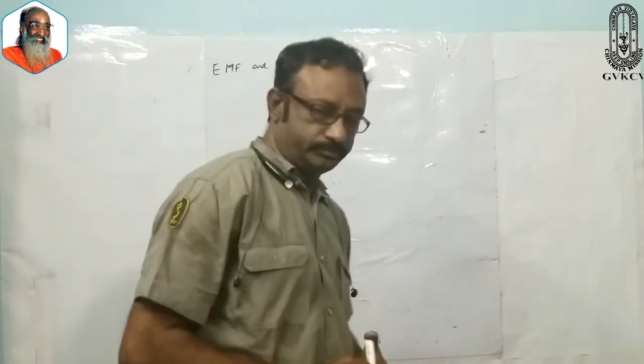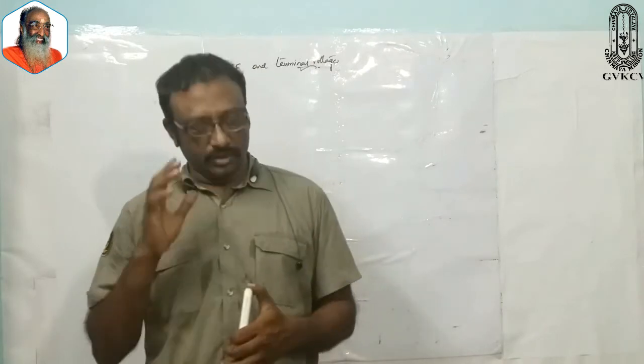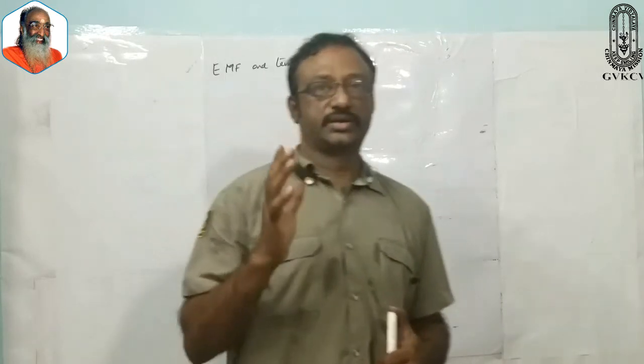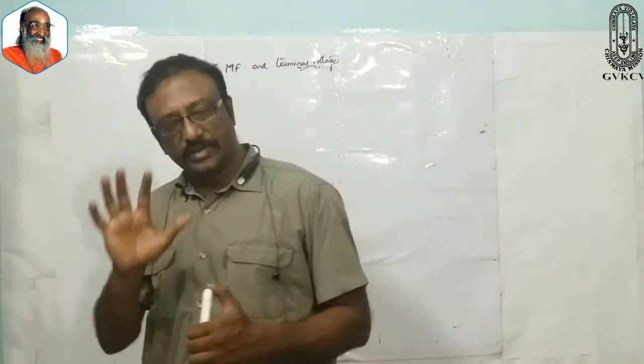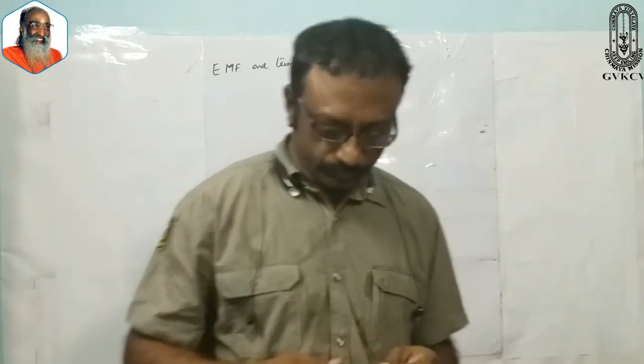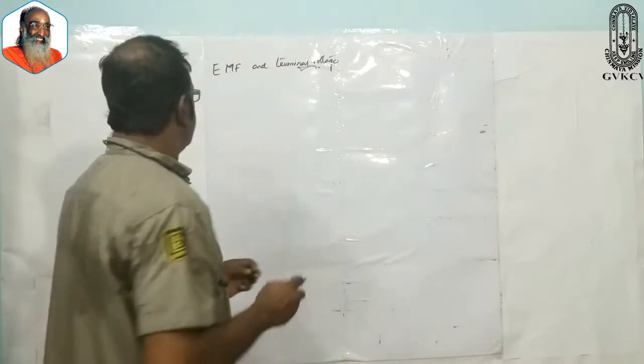This is a concept that you have to understand. You already know about this, but a picture is to be formed in your brain regarding this EMF and terminal voltage. So let us understand what is this EMF and terminal voltage here.